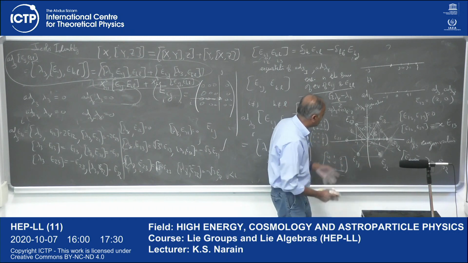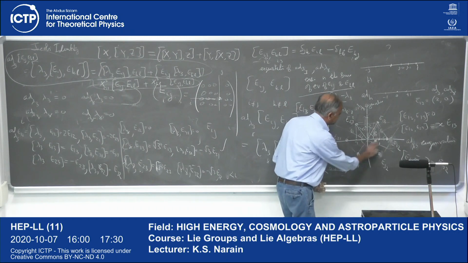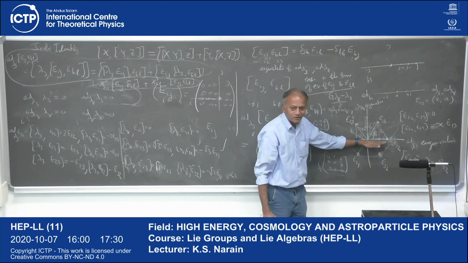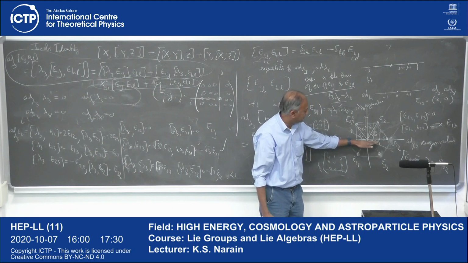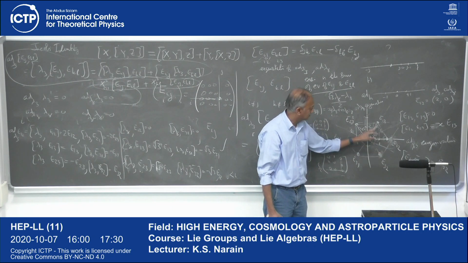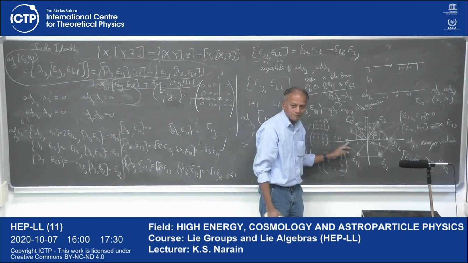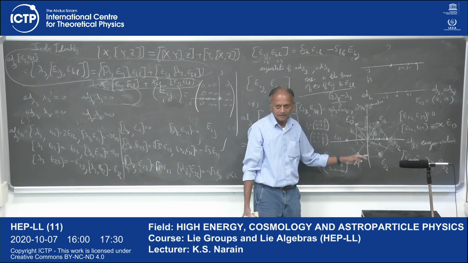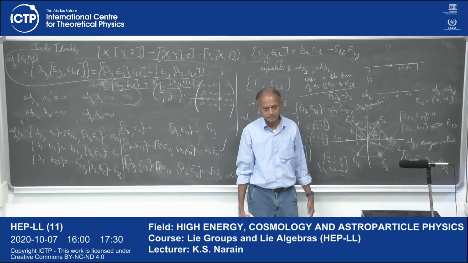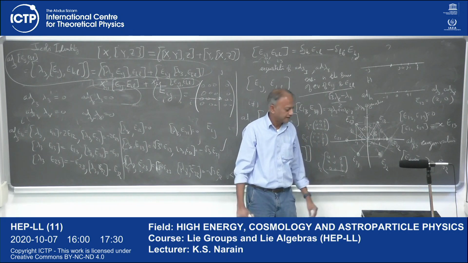But you should not choose, for example, this line, because then the line is passing through the root. That is not valid, because then you don't know whether you should call these positive or negative. It's ambiguous. So to be unambiguous, you should choose a line which does not pass through the roots. And then you can define.